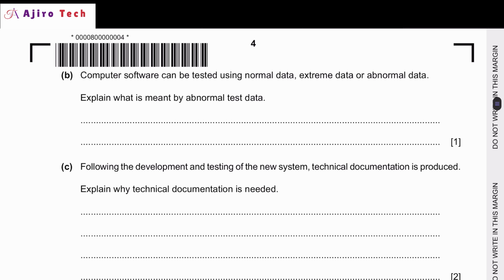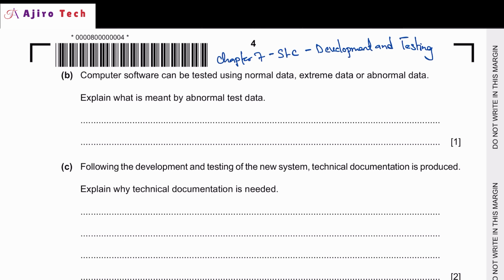Computer software can be tested using normal, extreme, or abnormal data. This is also chapter 7, system life cycle, under development and testing. Explain what is meant by abnormal.